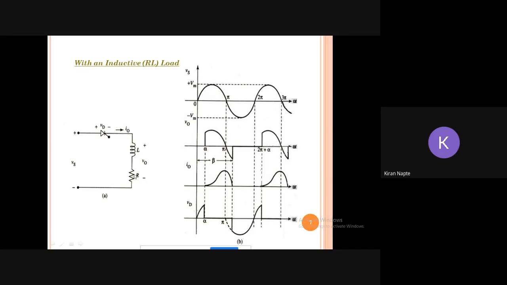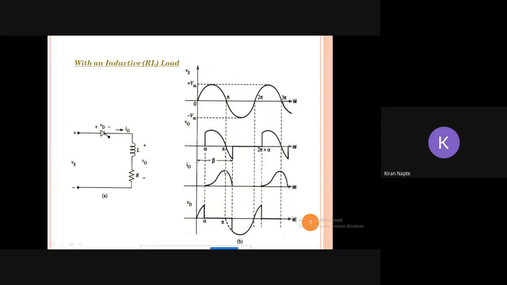During this small negative portion, current also flows in the circuit, as energy was stored in the inductor in the positive half cycle, so for this much duration of output voltage, we observe the output current as well. But as soon as your SCR turns off at pi, the current level decreases suddenly, and a sharp fall is observed in the current level.